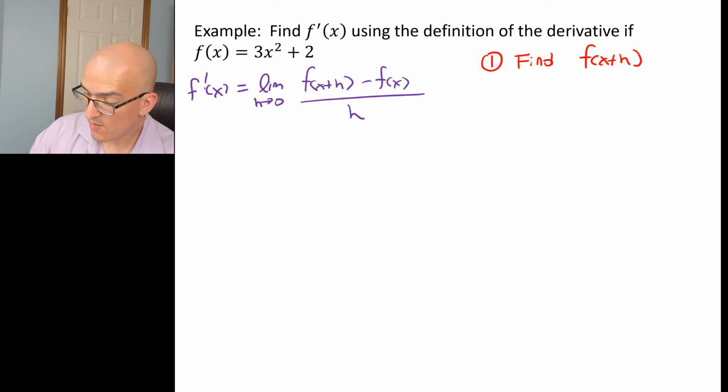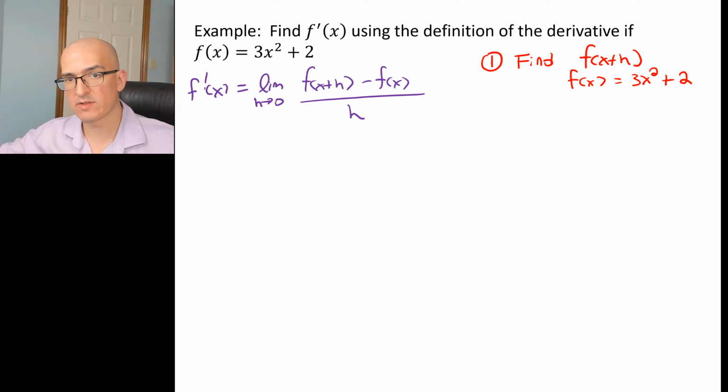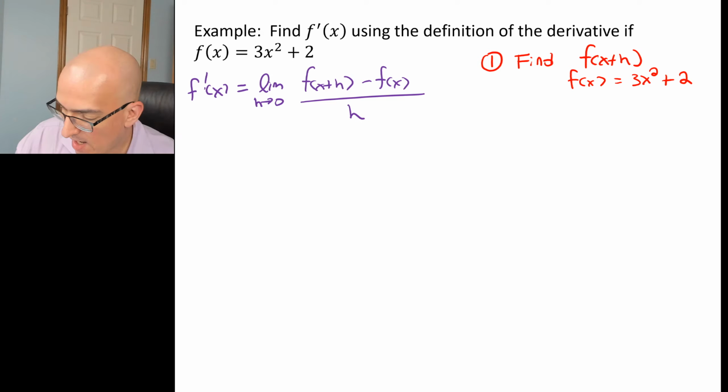Well, f of x is equal to 3x squared plus 2. f of 7 would be 3 times 7 squared plus 2. Whatever's in those brackets is what we plug in for x, what we replace x with. f of x plus h means I'm replacing the x by x plus h, so 3 times (x plus h) all squared plus 2.